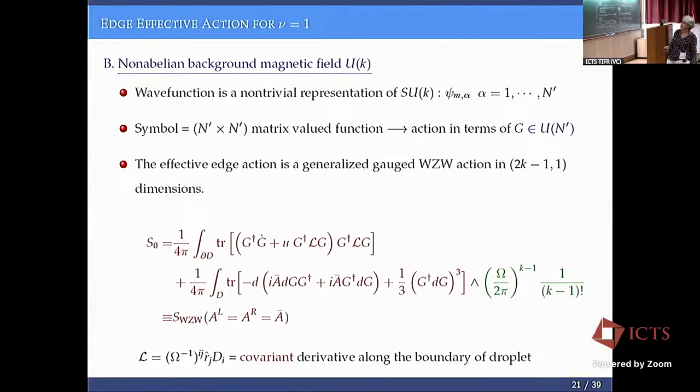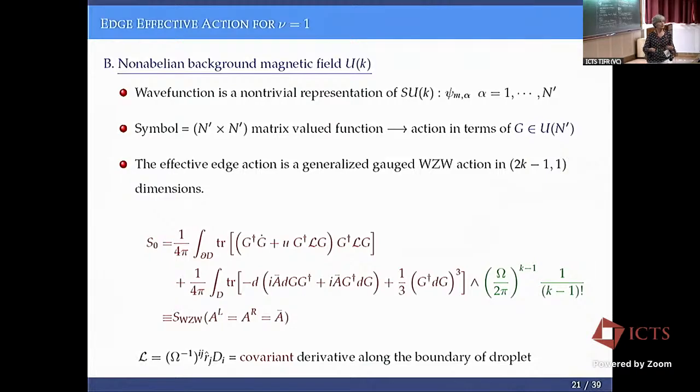And again, the theory, although it's higher dimensional, can be thought of as a collection of non-abelian chiral fields propagating in a particular direction. So these two actions that I showed are the actions when the magnetic fields are constant.